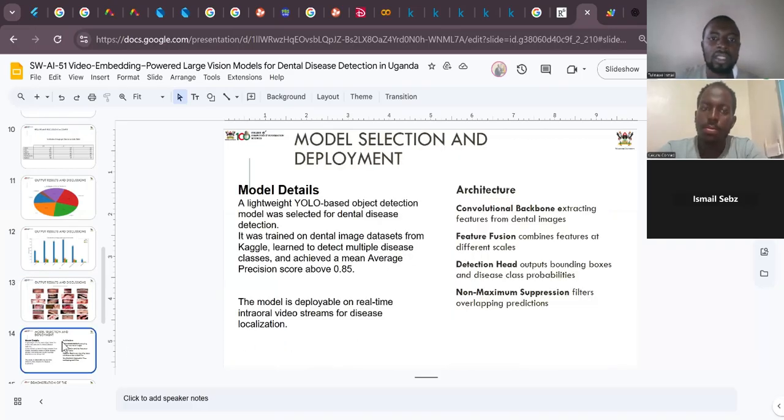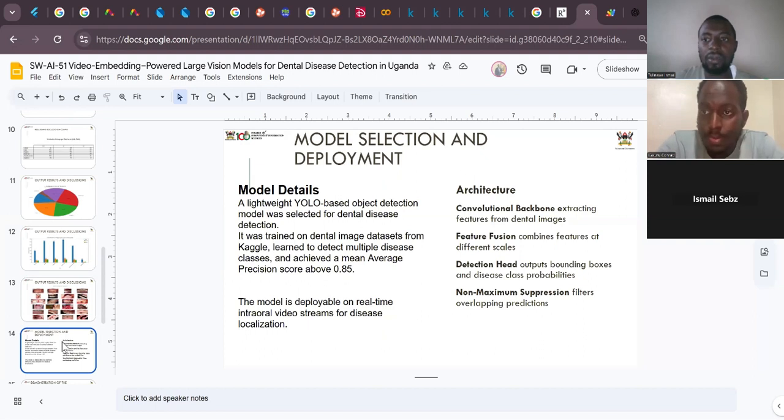So let's talk about the model details. As my colleague had already said, we are going to use a lightweight YOLO model. YOLO is a model that looks at the image only once, unlike other models that look at the image consecutively, more times.